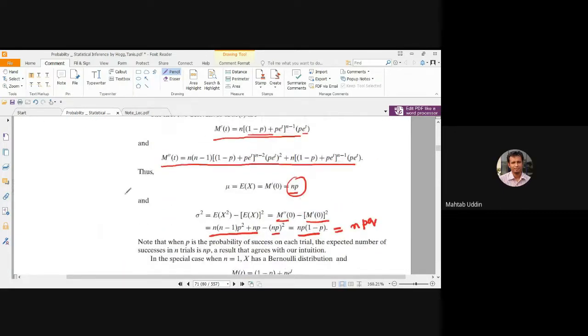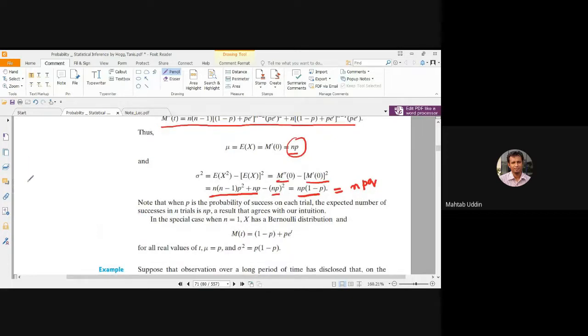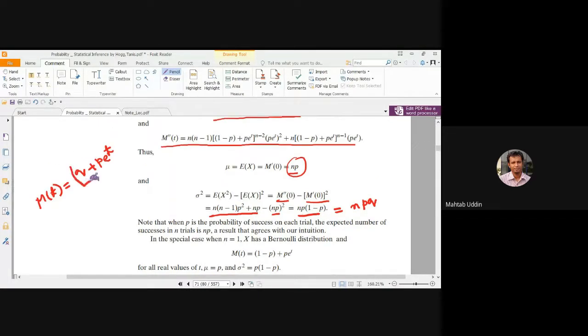Now we are going to make the summary of the work. Here 3 things we found. The mt, we found, is (q plus p to the power t) whole to the power n, where n is the number of trials, p is the rate of success, q is the rate of failure, mu is np, and sigma square, that is the variance, is npq.